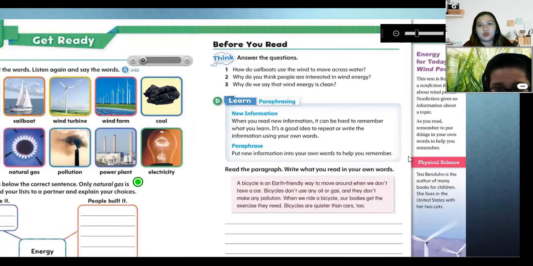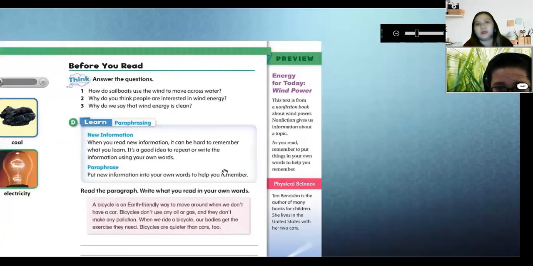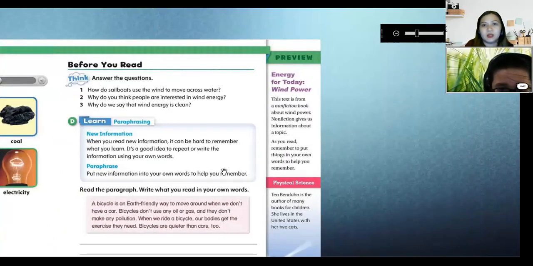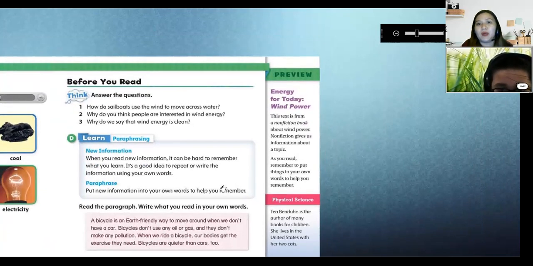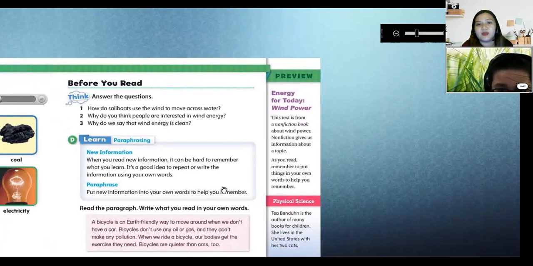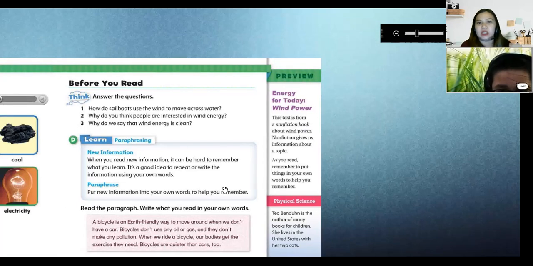Now here, I want you to preview. So this is the text that you're about to read: Energy for Today, Wind Power. This text is from a non-fiction book. When we say non-fiction, it only talks about facts.